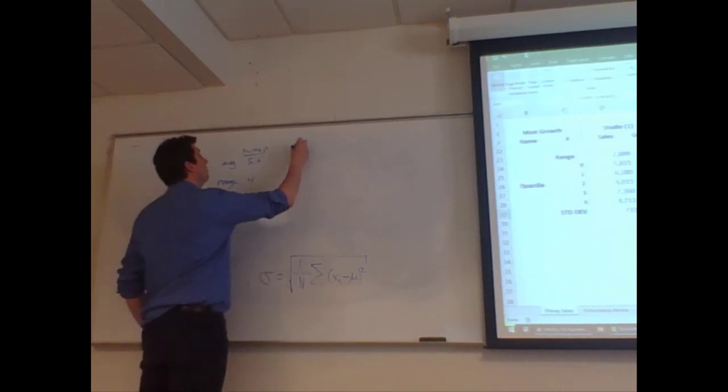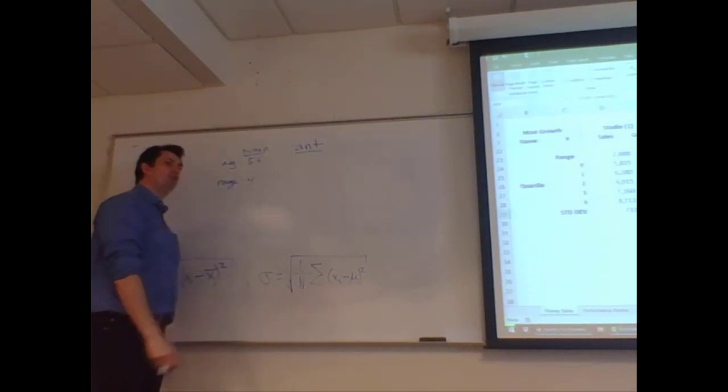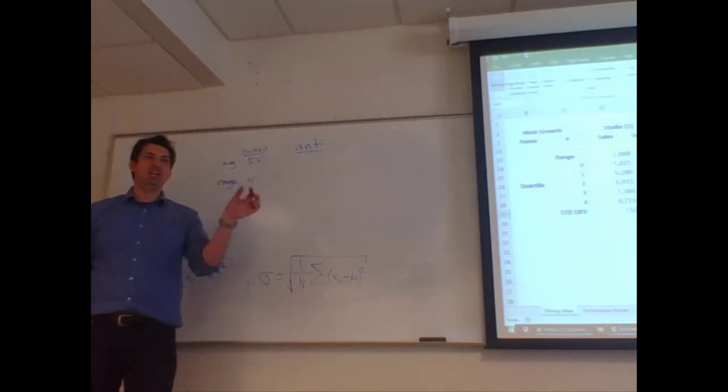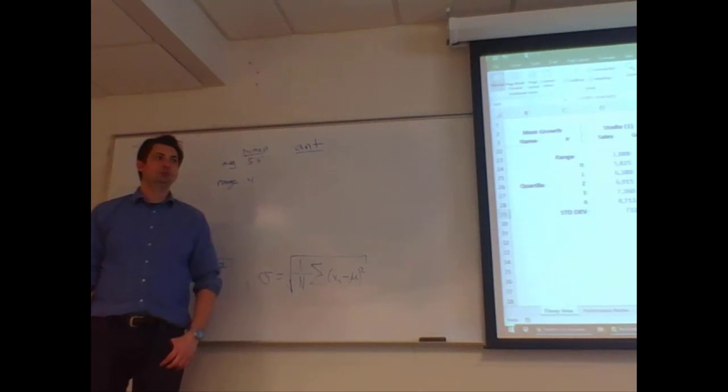Now, here's the biology part. What do you think the average is for ants? Like how long is the average ant? I think that might be like a full centimeter, right?